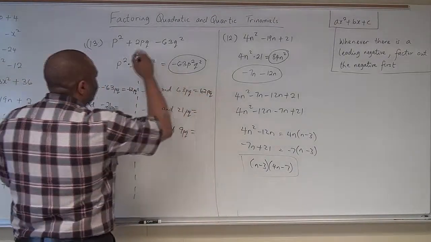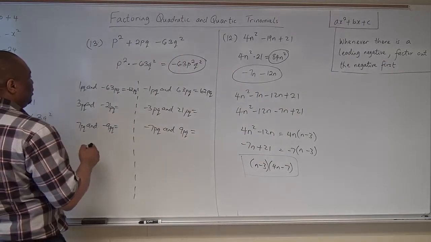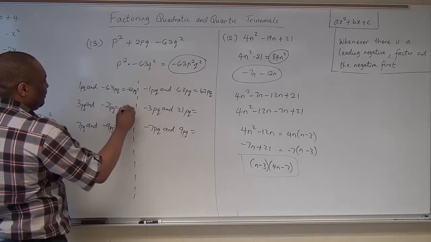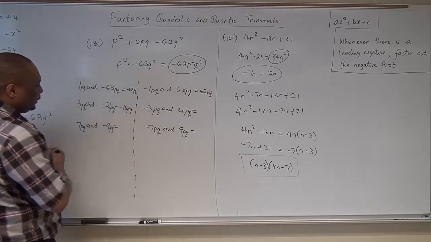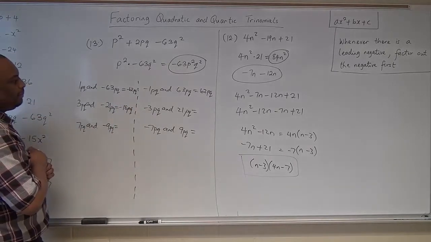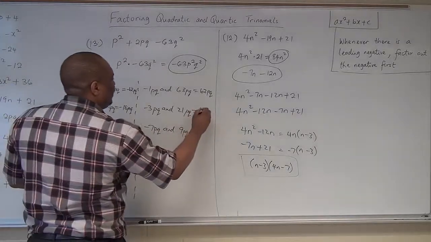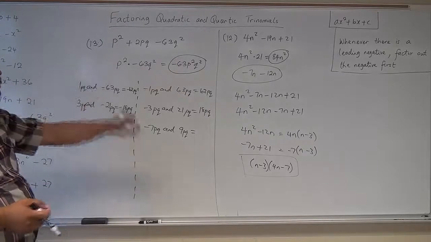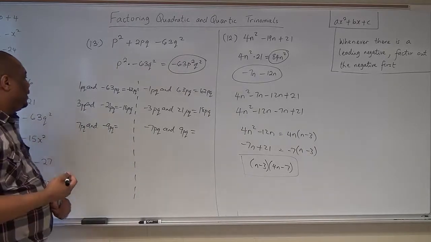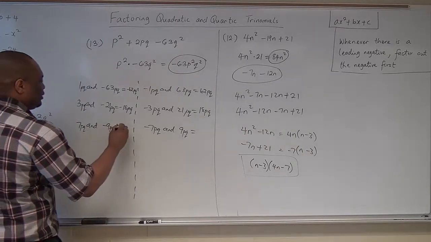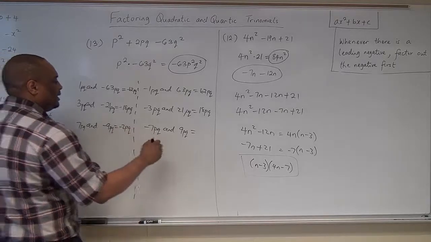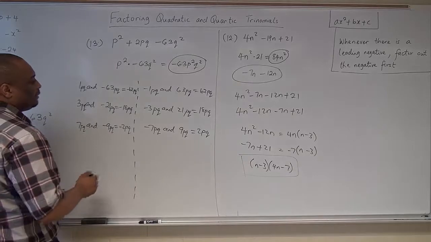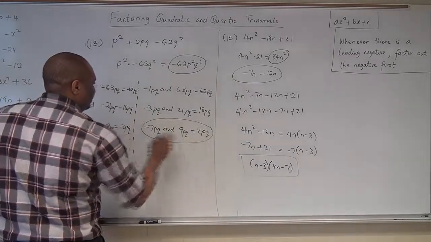This won't work. 3 minus 21 is minus 18 pq. Minus 3 plus 21 is 18 pq. That one won't work, because it's not 2 pq. 7 minus 9 is minus 2 pq. Minus 7 plus 9 is 2 pq. So which ones we got? Minus 7 plus 9. This is what we got.